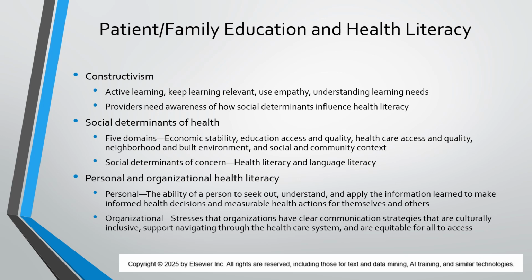So that's at the individual level. And then at the organizational level, this is really thinking about systems. Our systems in which we work have the ability to clearly communicate strategies that are culturally inclusive, help support patients navigating through the healthcare system, and are also equitable to all.